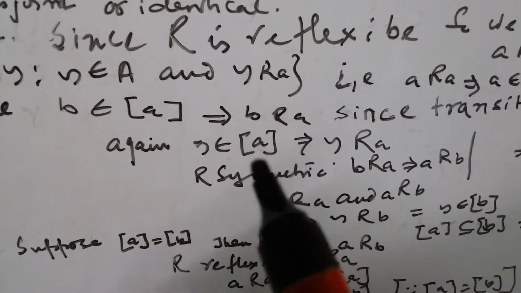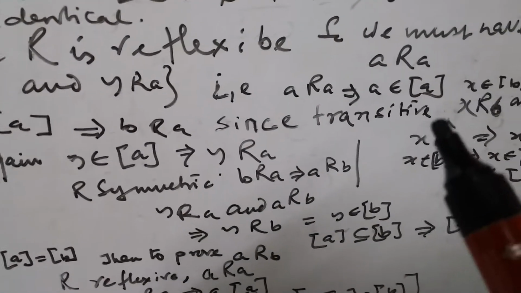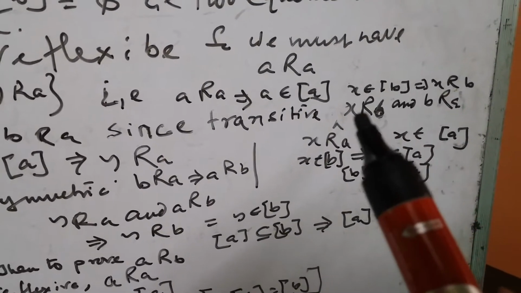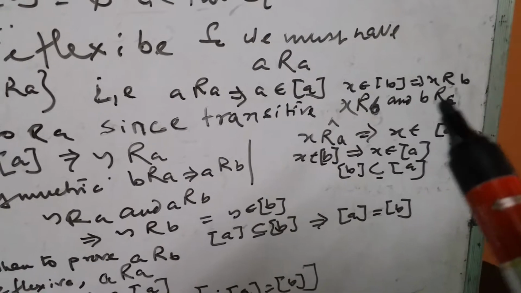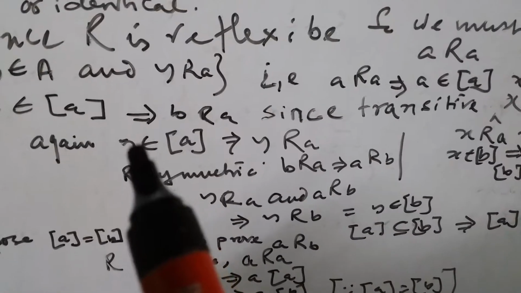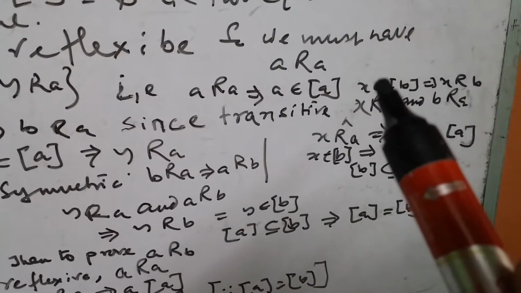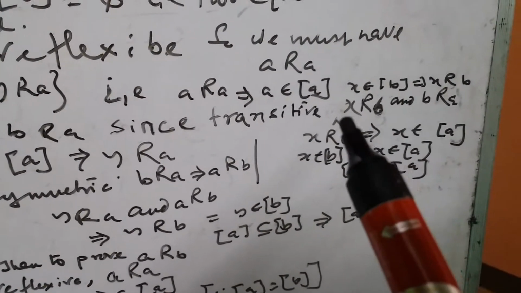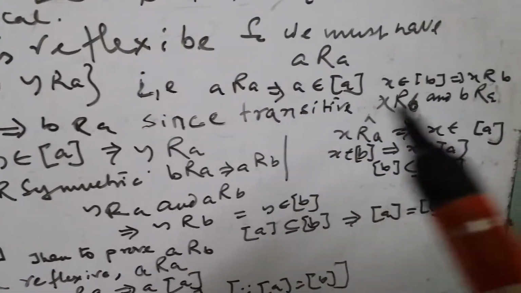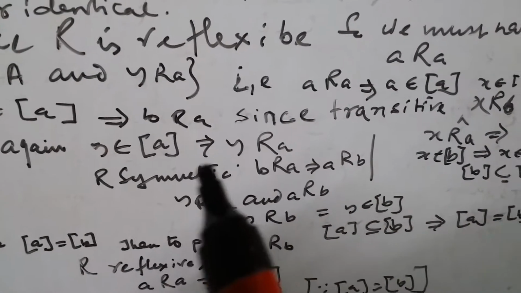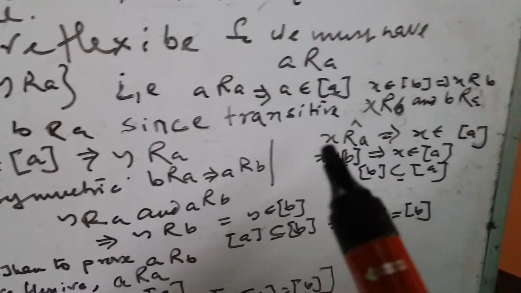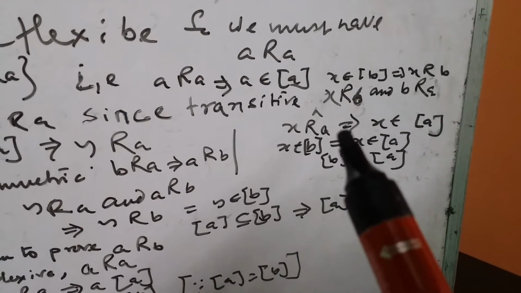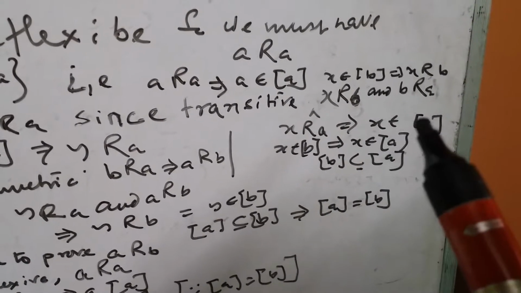Since R is transitive, xRb and bRa, so you can write xRa, because x belongs to [b] means xRb.